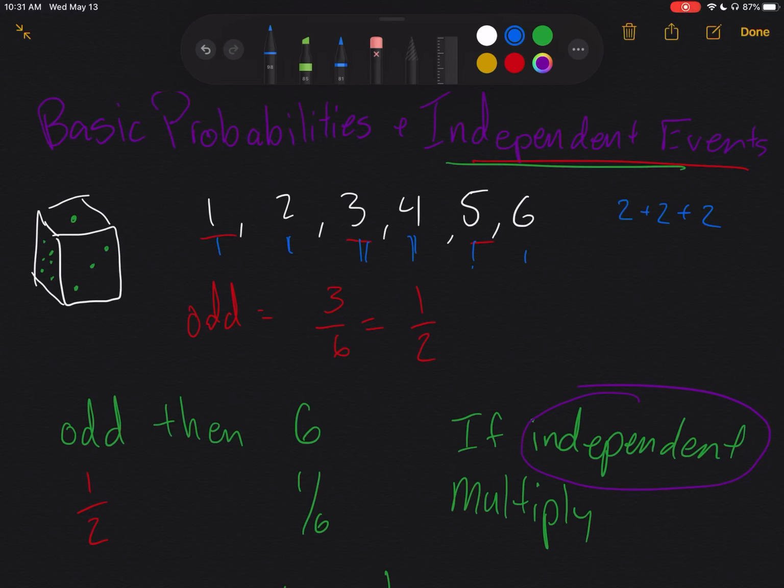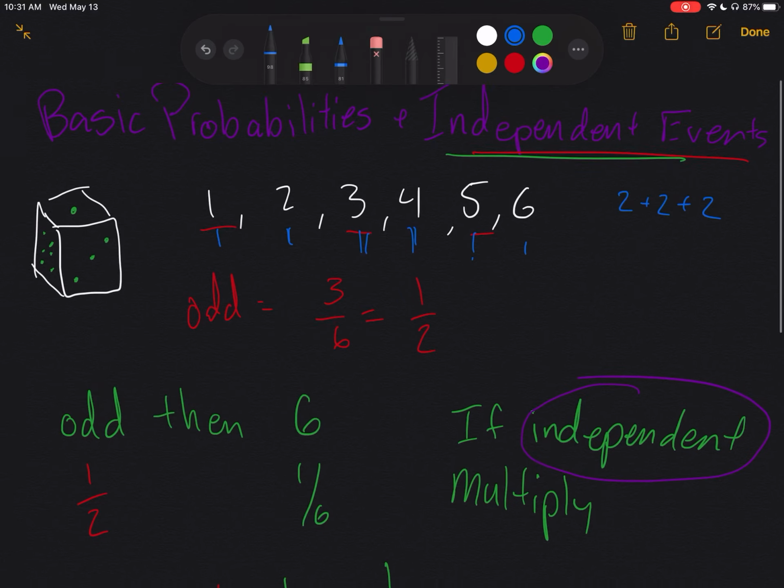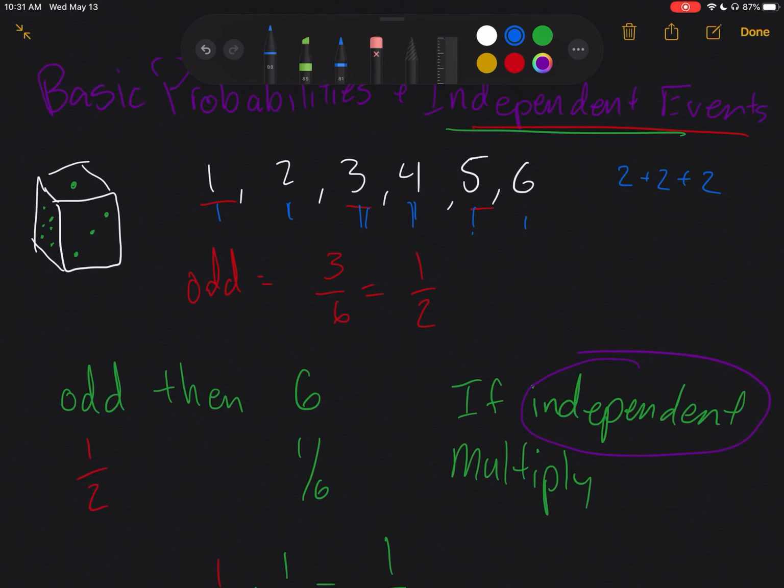Okay, so this one's a little bit trickier. It's not necessarily a good way to go about this, right? But between two rolls, I could roll any combination of 36 different numbers, right?